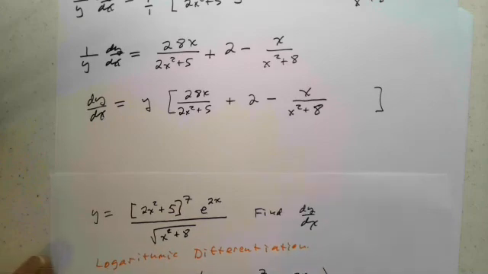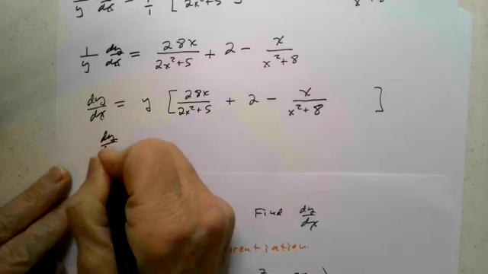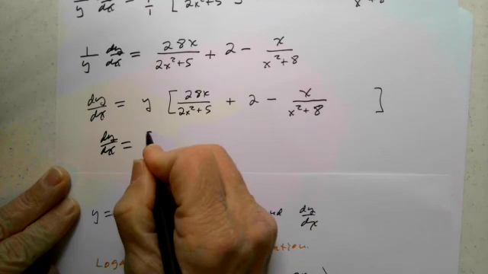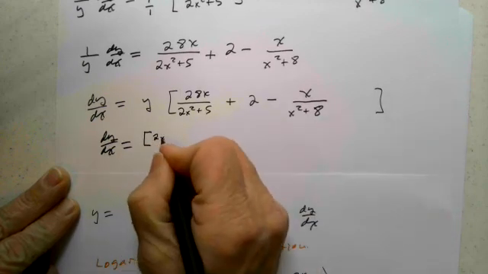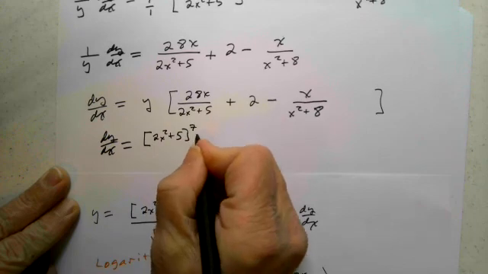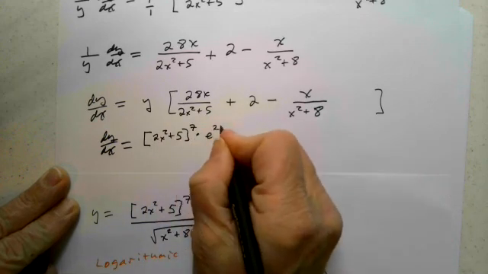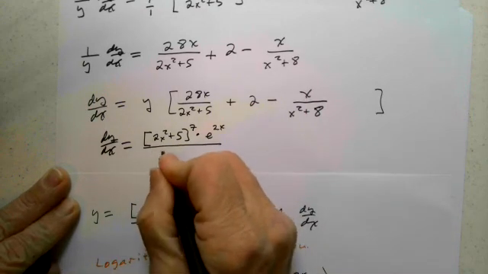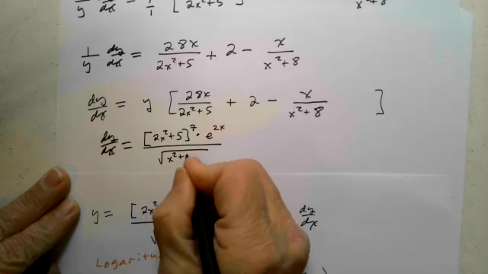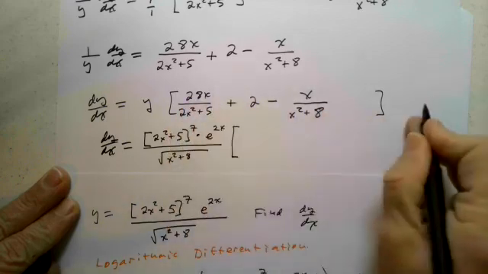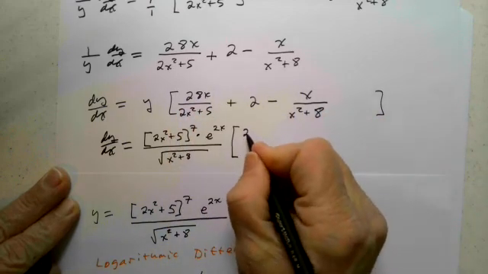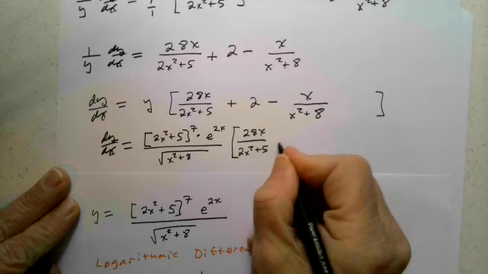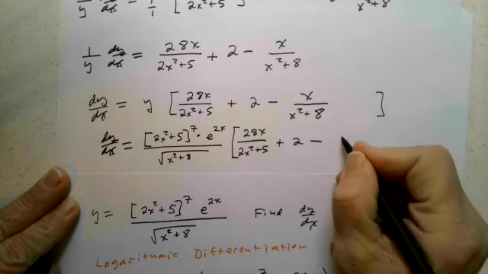So to finish this, my final answer will be dy dx equals y, this: 2x squared plus 5 to the 7th times e to the 2x divided by the square root of x squared plus 8, all times all of this stuff, 28x over 2x squared plus 5 plus 2 minus x over x squared plus 8.